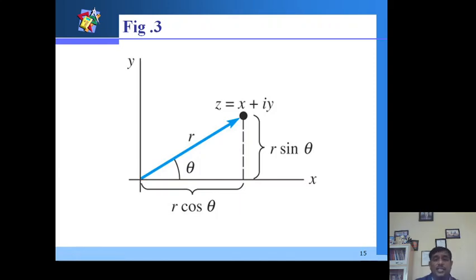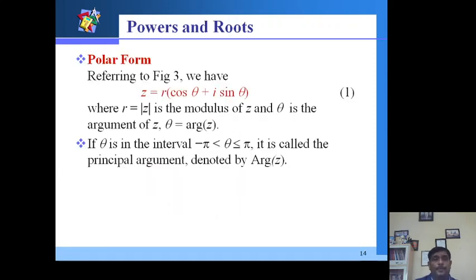Then z = x + iy can be expressed as r(cos theta + i sin theta), where r = |z| is the modulus of z and theta is the argument of z, meaning the argument or amplitude of z.